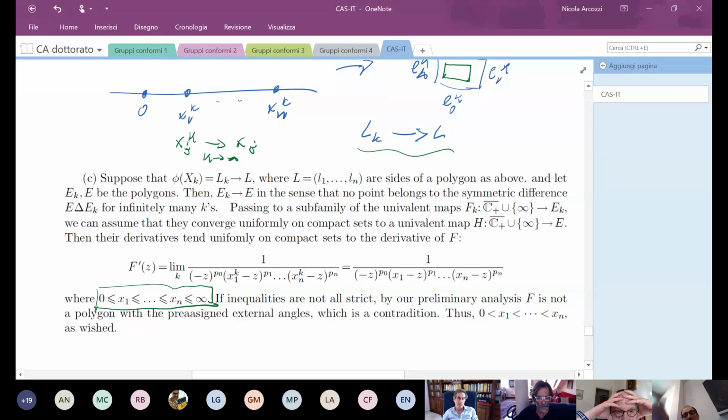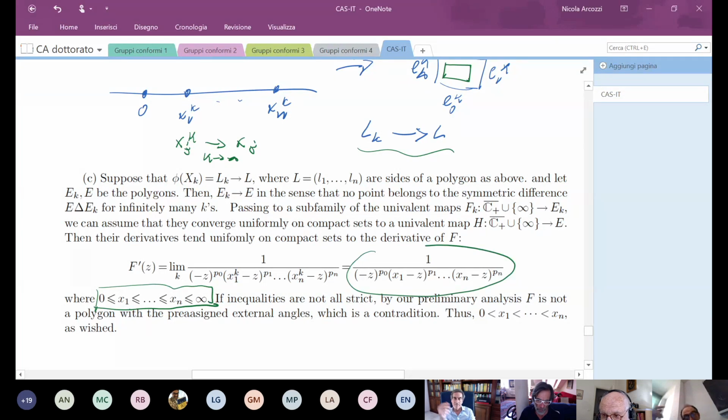Right. Now, using normal family arguments and so on, there is sophisticated stuff. I mean, McKean says that it is a few strokes, but okay. You can show that the map Fk tends to a map F, in which, using compactness, etc., the derivative of F is this one.